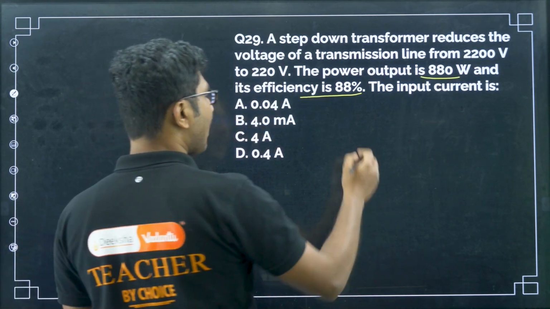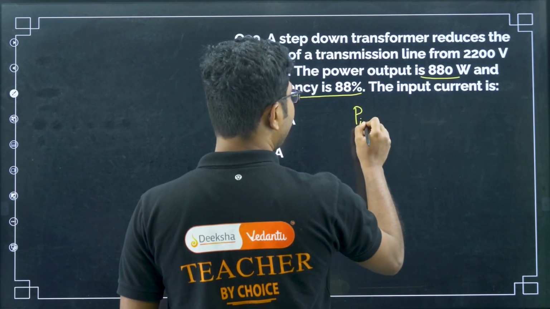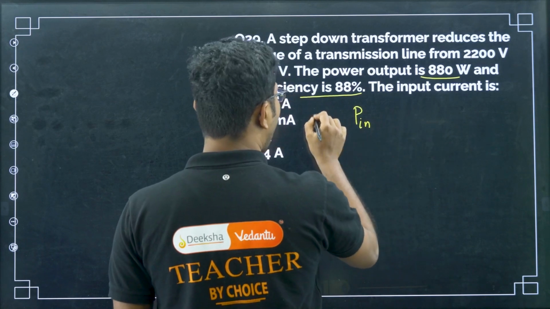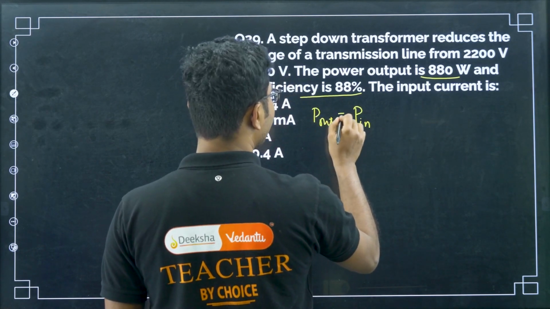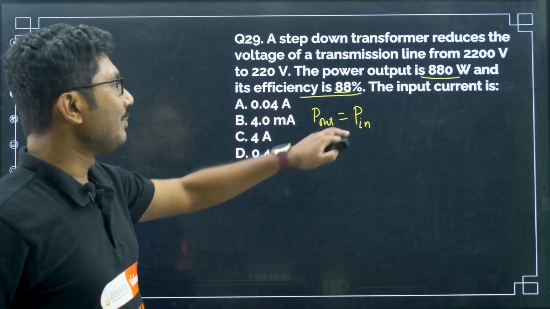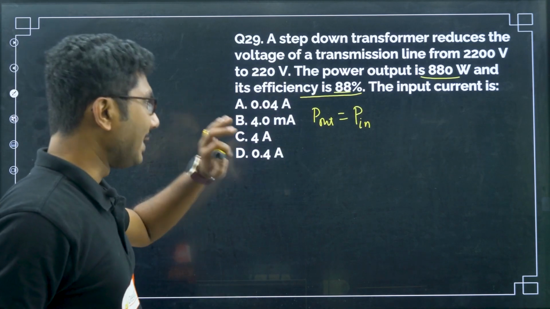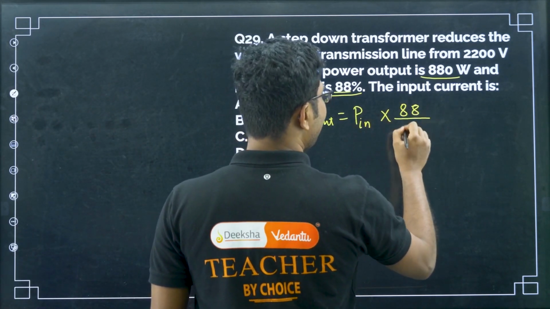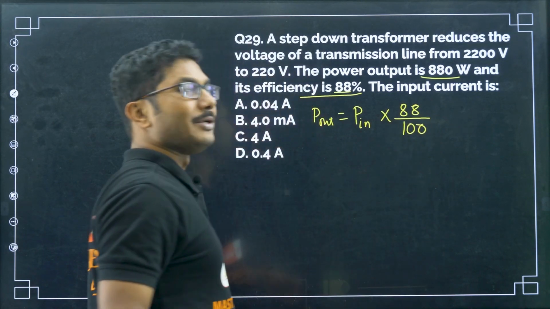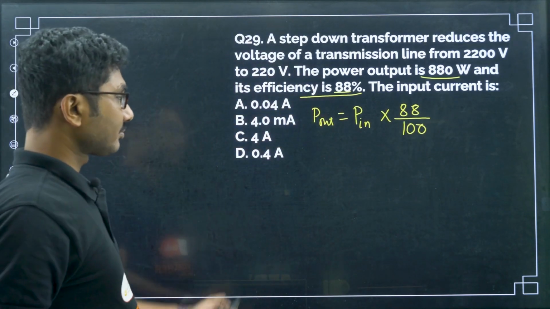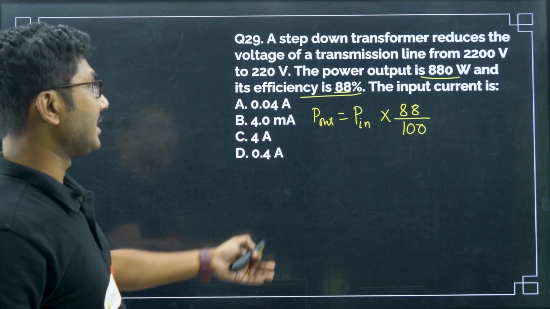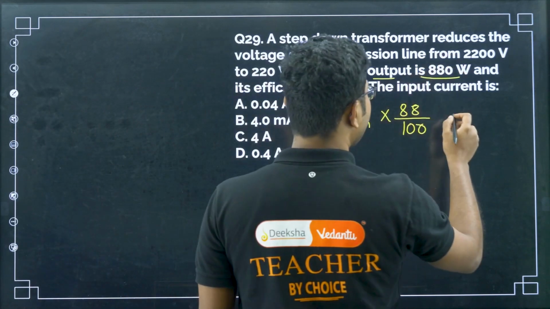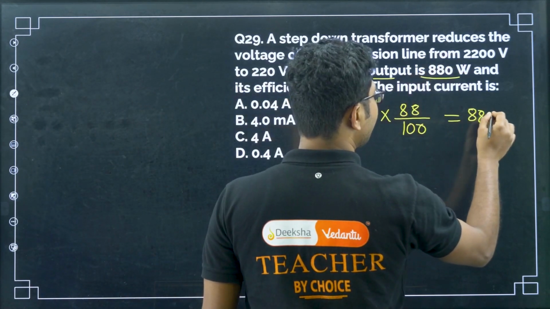The power output is given as 880 watt. Suppose the input power is P in. What is the meaning of efficiency 88%? If input power is P in, then output power will be 88% of that, right. Now the power output is already given, 880.